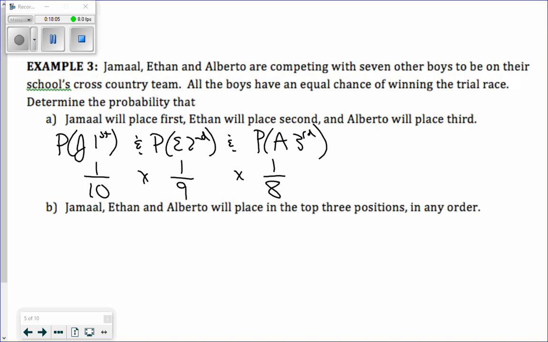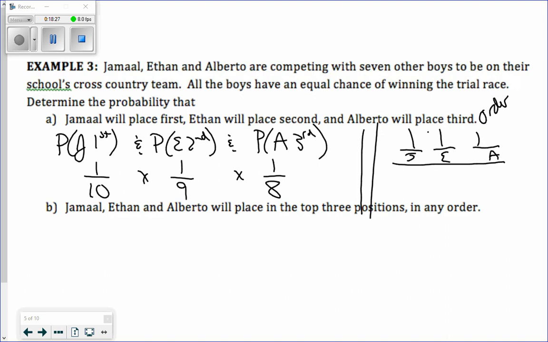if you want to think of this in terms of perms or combs, does the order matter? So if Jamal wins first and Ethan wins second and Alberto wins third, is that different than Jamal winning second and Alberto winning first? Yes. So order matters. So Blank's method. Jamal, Ethan, Alberto. There's only one way for Jamal to get first, for Ethan to get second, and for Alberto to get third.